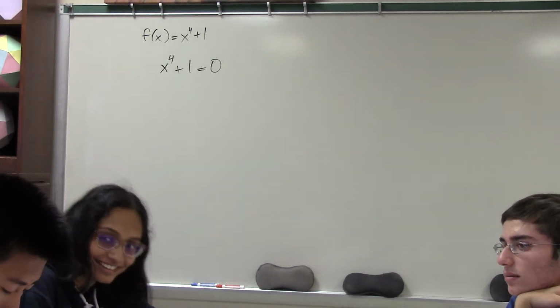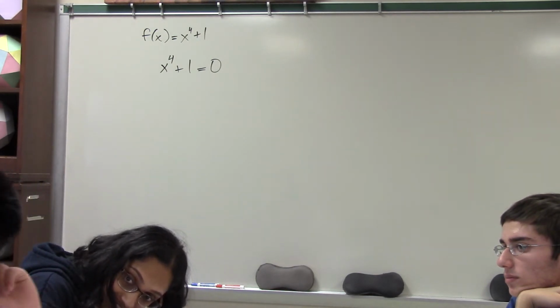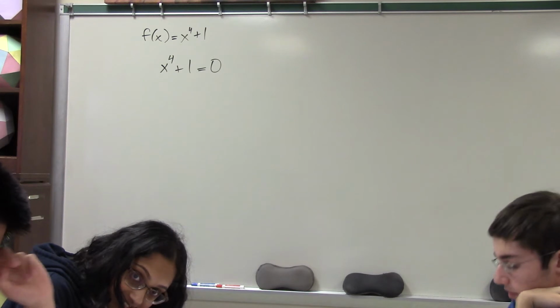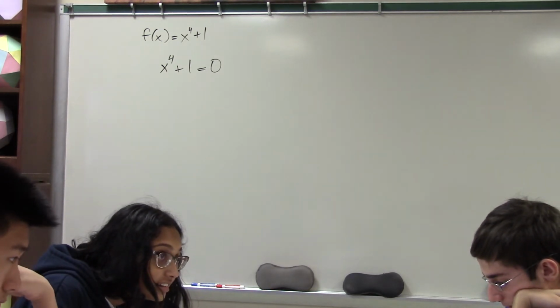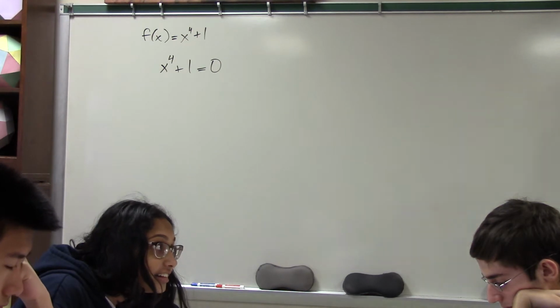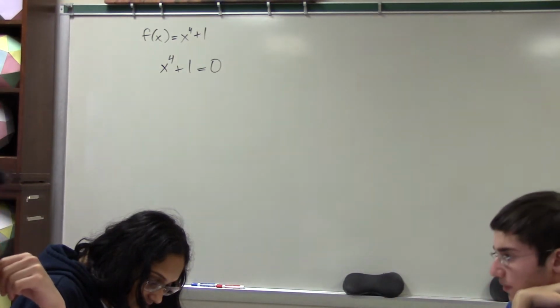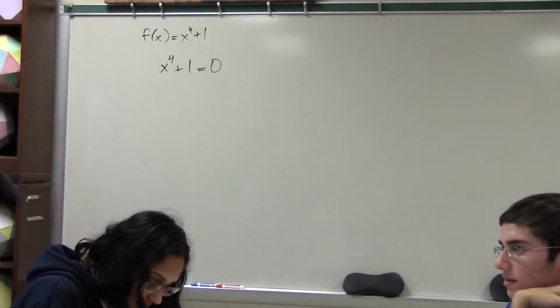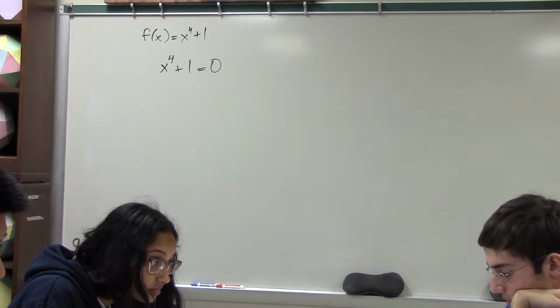Darn it. A complex number is a number of the form a plus bi, where a and b are real. So the collective power of the sophomore class magnet program should be able to figure out what to do. How do you solve this equation? I guess the 5th is not. I should figure this out. Square root of that is i.